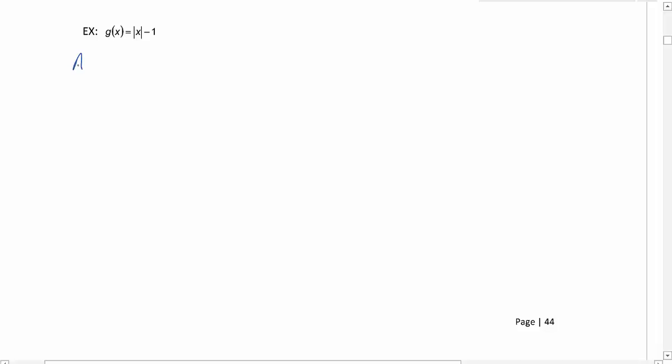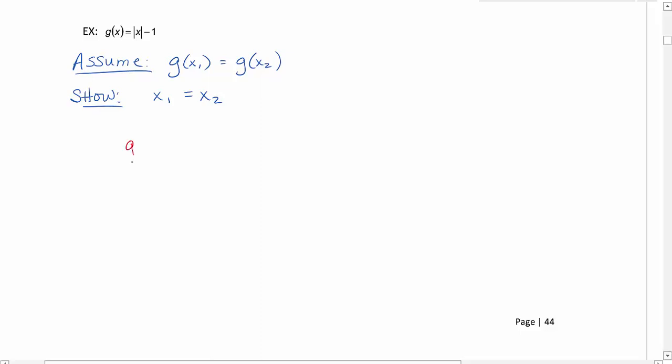We're going to start by assuming that g of x1 is equal to g of x2, and we want to try to show that it would follow that x1 would be equal to x2, because if it does, then we know we have a one-to-one function here.